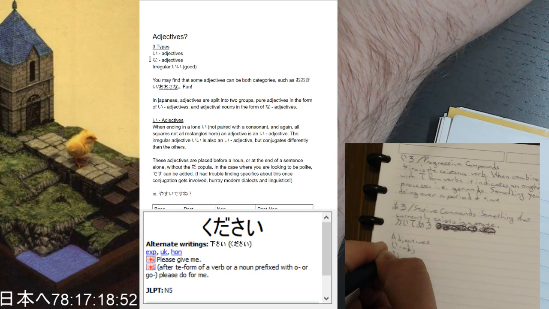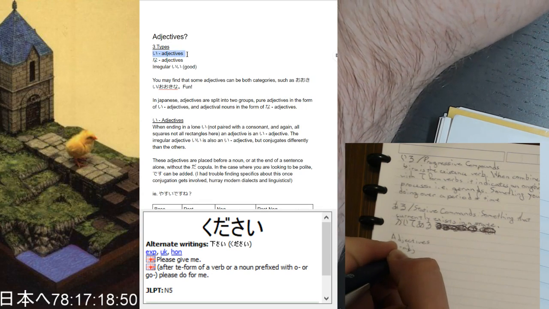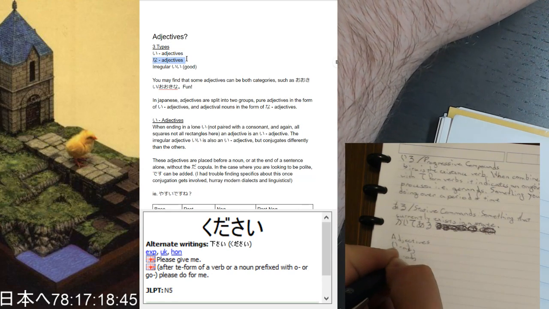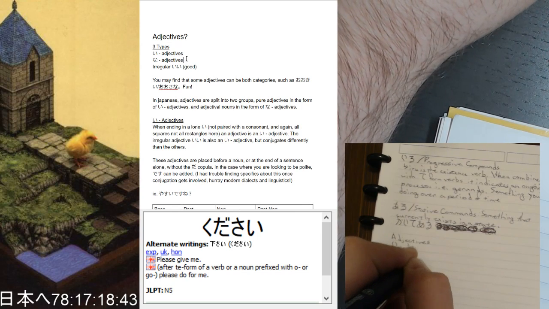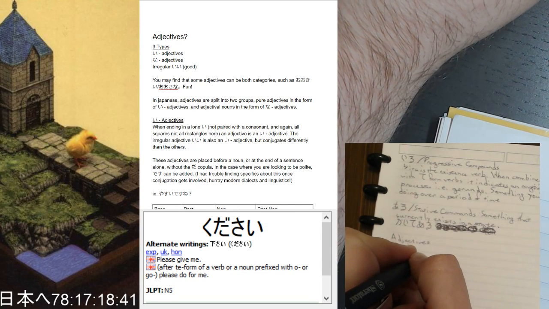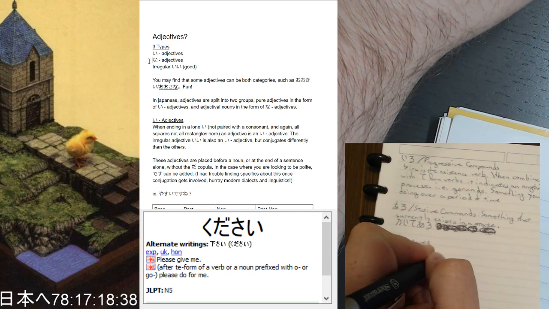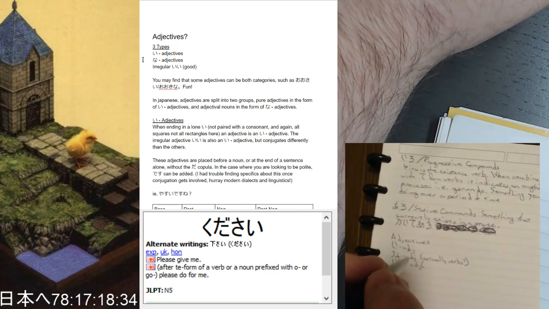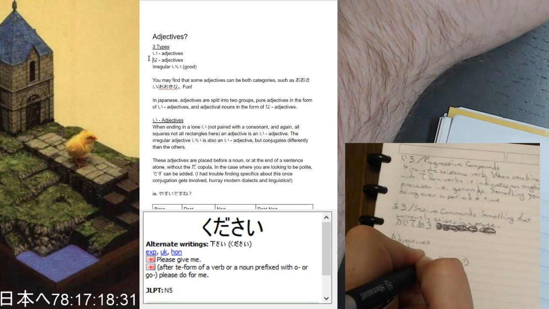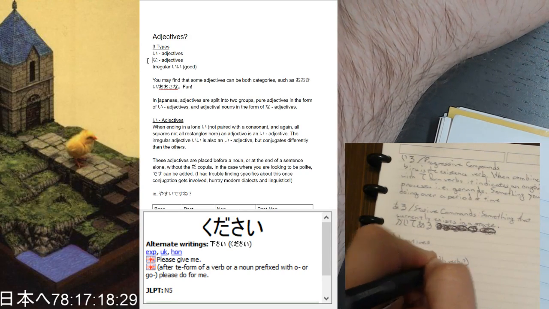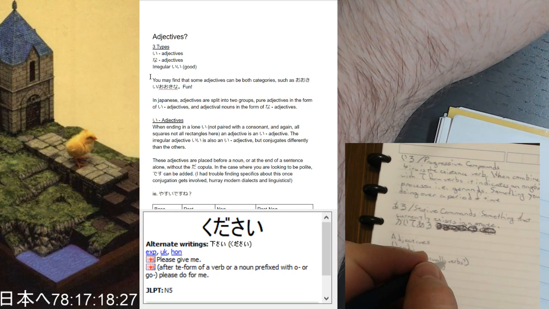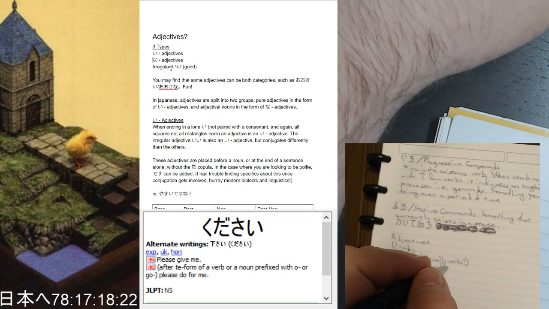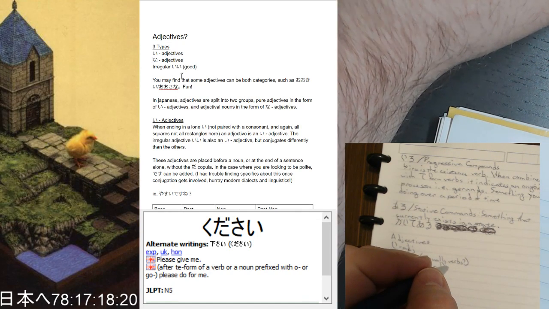And arguably, there's really only one adjective type, because na-adjectives are not actually adjectives. They are actually verbs, at least that's how they're technically classified in Japanese. But as far as we care, they're adjectives, because that's how you're going to think about them anyway. It's going to be really hard to override how you use them, because you're going to use them as descriptives anyway.